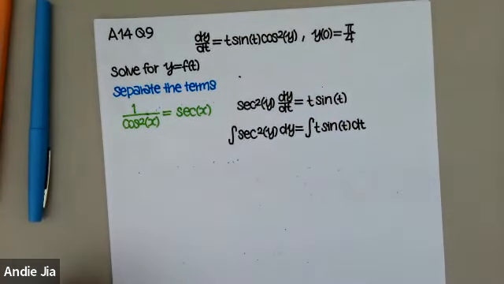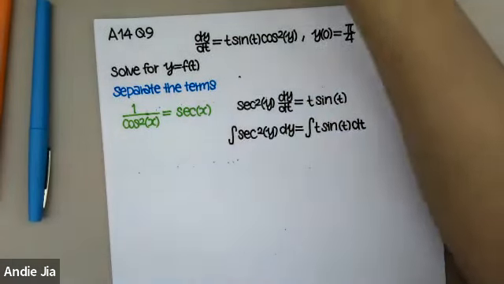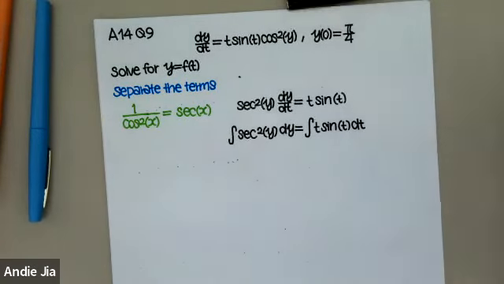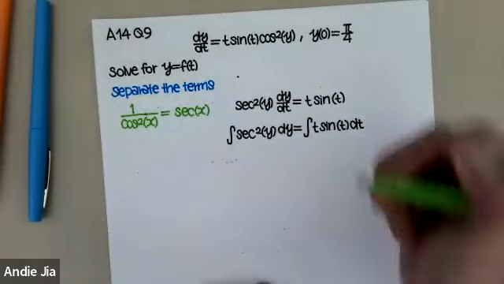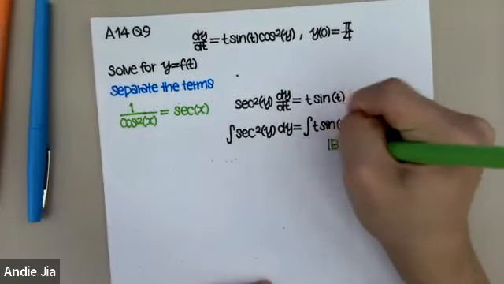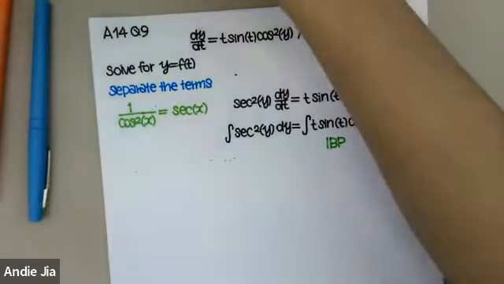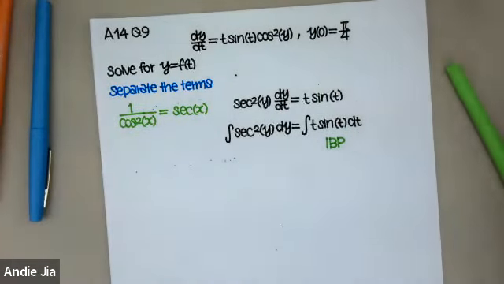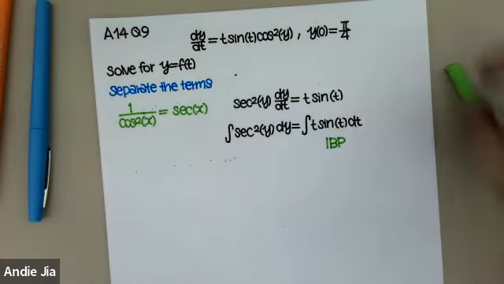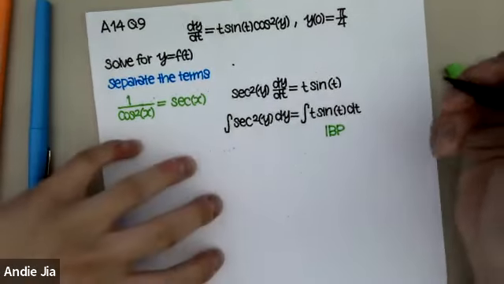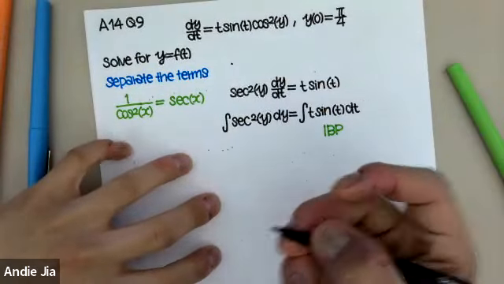So we just use integration by parts, IBP. We are going to have this integral ready. The antiderivative of secant squared is tangent.